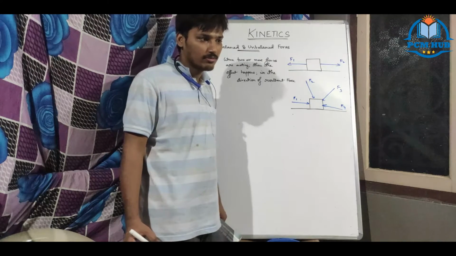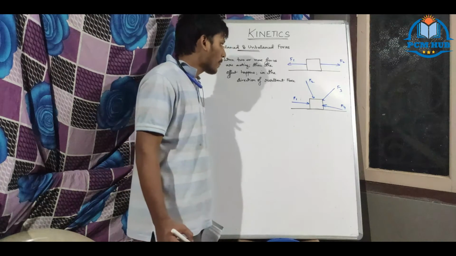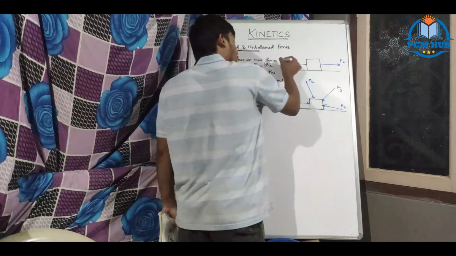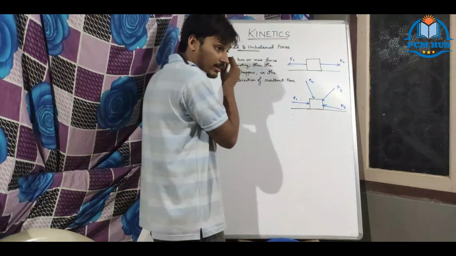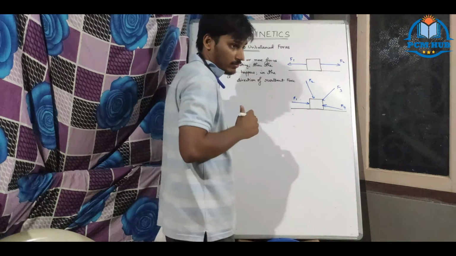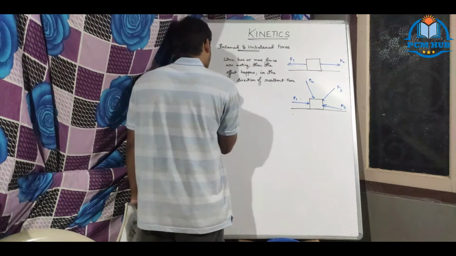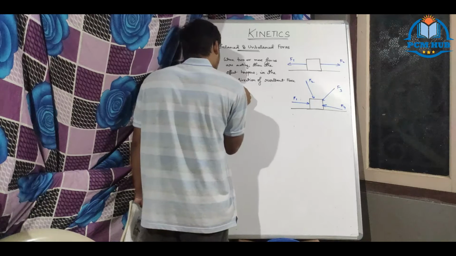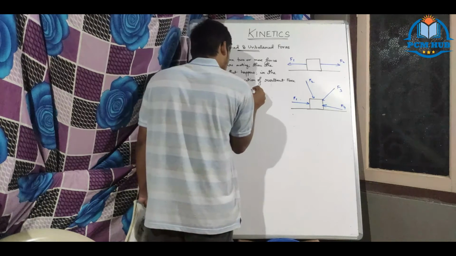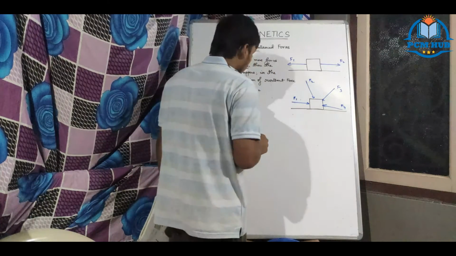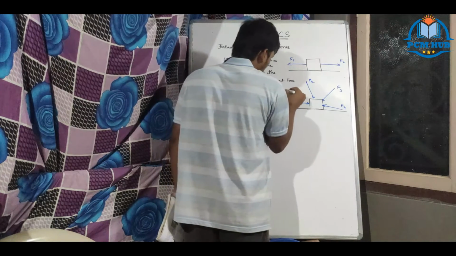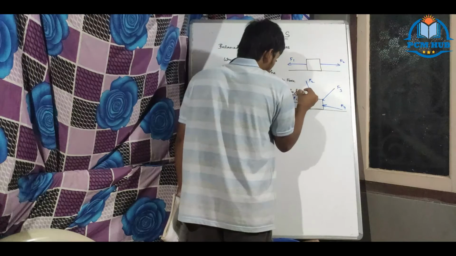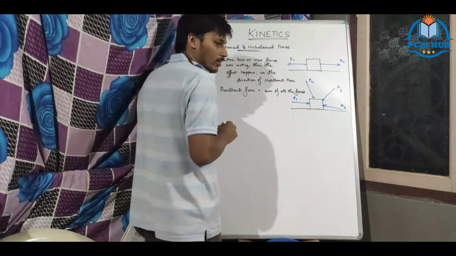Like that. This force is tending to move the body this side. That force is tending to move the body that side. What is the resultant? The resultant force is equal to the sum of all the forces.